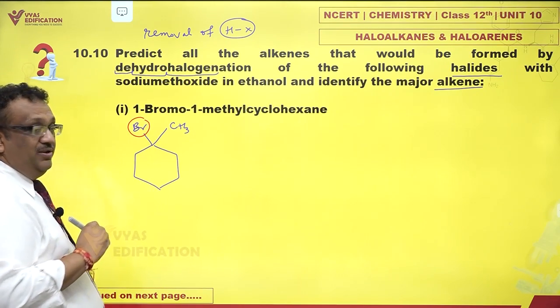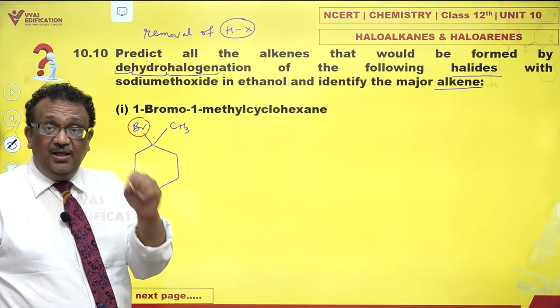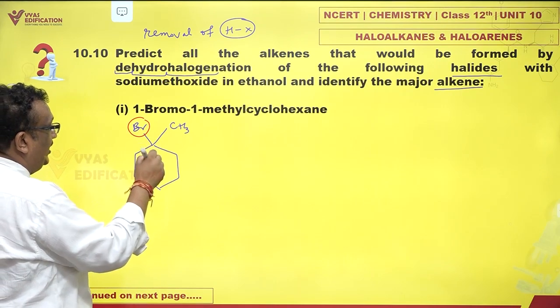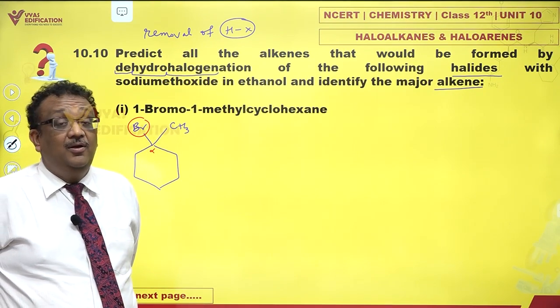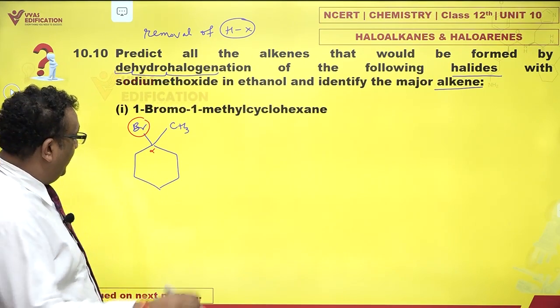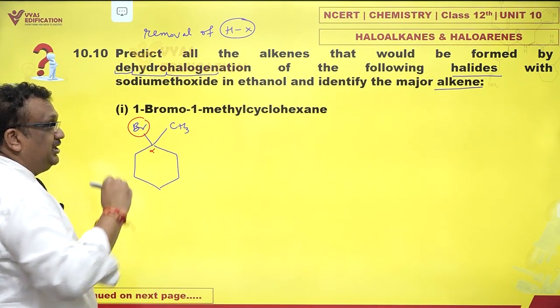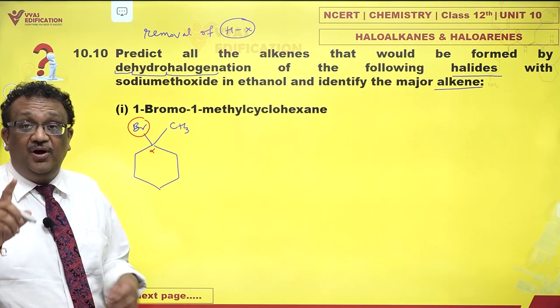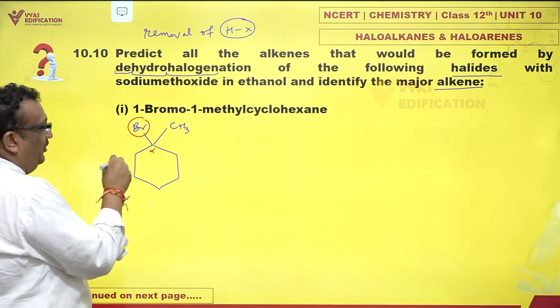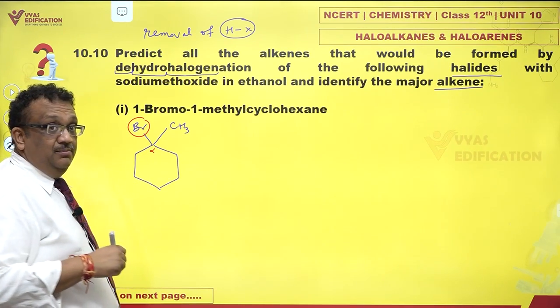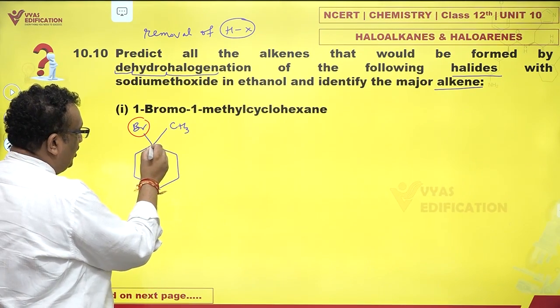Br is going to leave, right? And the carbon atom to which Br is attached is sometimes called alpha carbon. Let me repeat. The carbon atom to which halogen is attached is called the alpha carbon, and the neighbors of alpha are called beta carbons. So what are the neighbors?